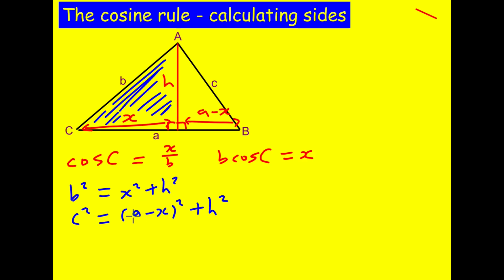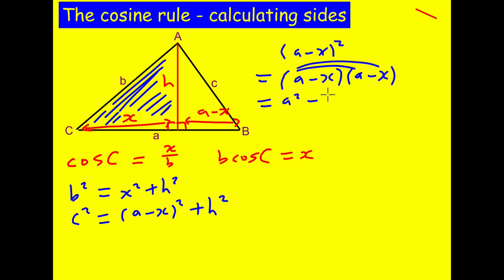First things first, I'm going to expand a minus x all squared, and I've got to remember that that actually means it's a double, so a minus x all squared is actually equal to a minus x times a minus x. Already we've got double brackets coming out, so I'm going to get a squared minus ax minus xa, but that is the same as ax, so I'm going to write it the same, plus x squared.